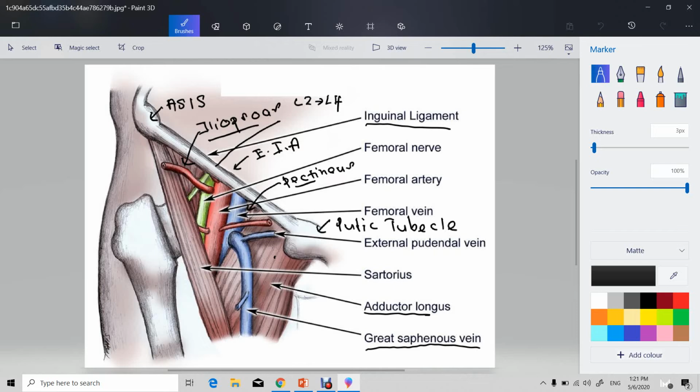There is one small space or canal over here, which is very important, known as the femoral canal. This femoral canal is very important because it allows the femoral vein to expand.